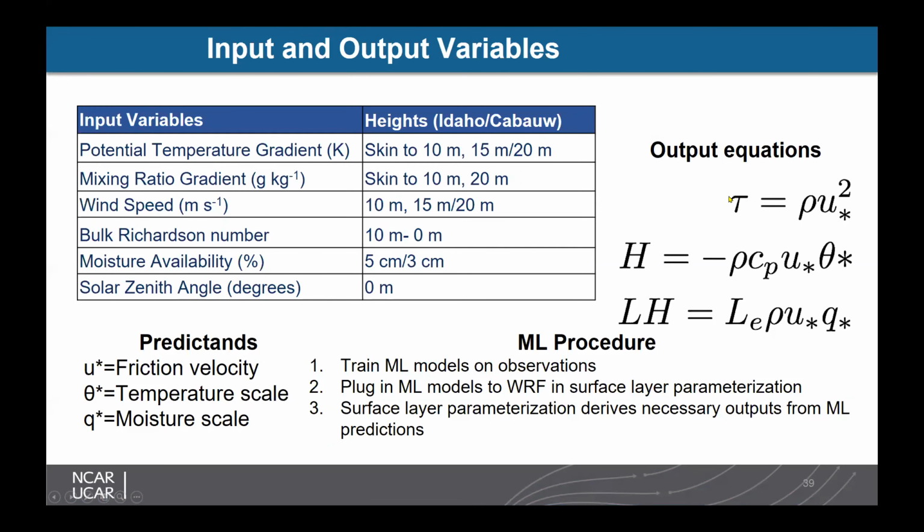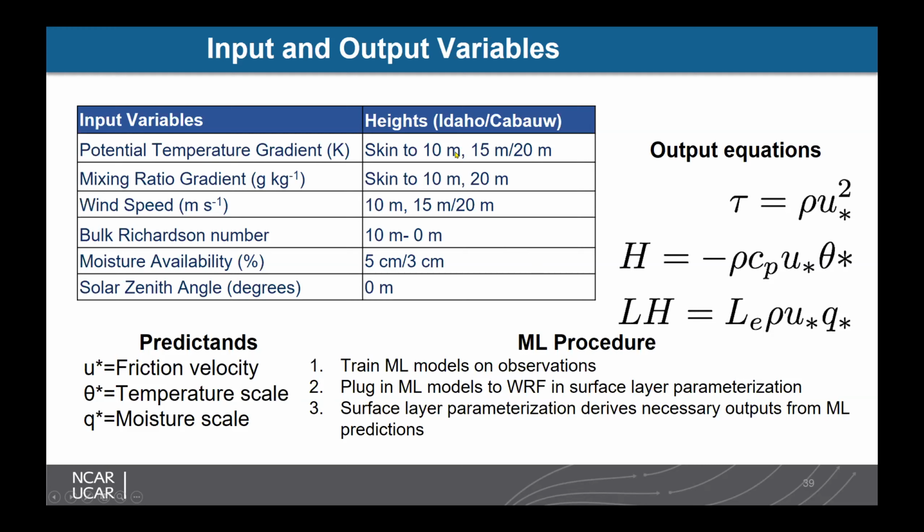The equations for these are on the right. They depend on three variables: the friction velocity, the temperature scale, theta star, and the moisture scale, Q star. Those are the variables we want to predict so that we can derive the output prediction.